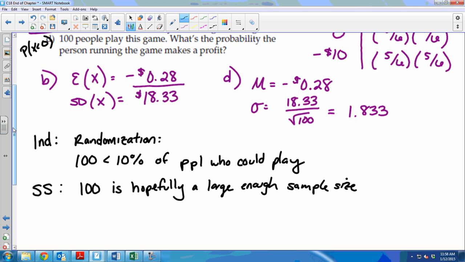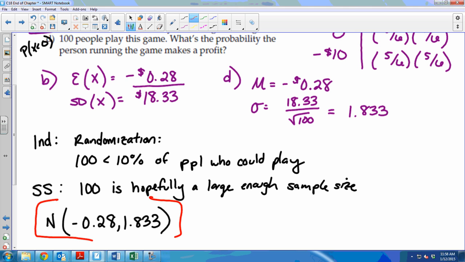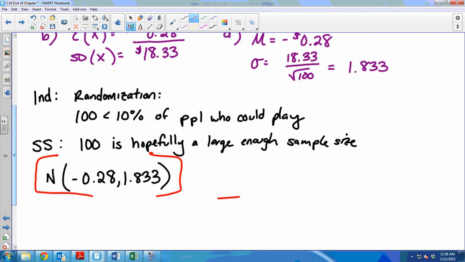We're good with it. It's a normal model, right? It's a normal model with a mean of negative 0.28 and a standard deviation of 1.833. Right? This is standard notation, and that's what that shows. Mean, standard deviation. So if I'm going to find the probability that's less than 0, again, we should probably get into the mode of drawing it out, so we make sure we get points on a free response. Maybe.